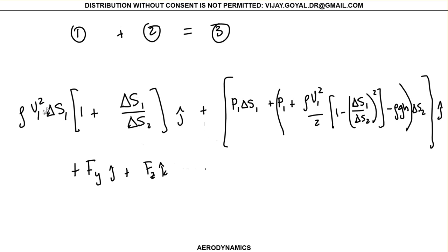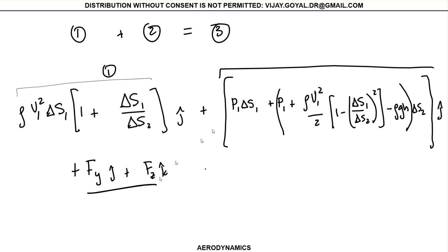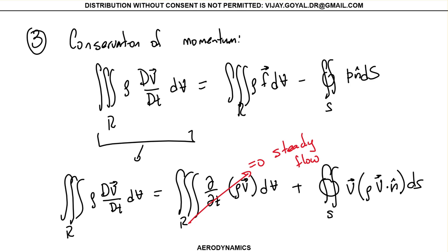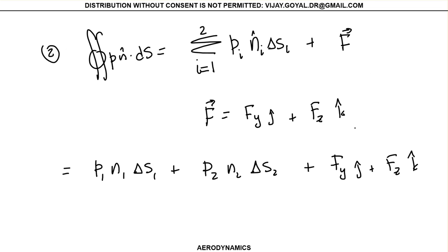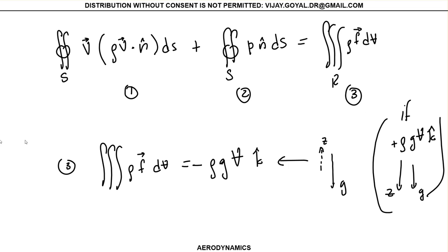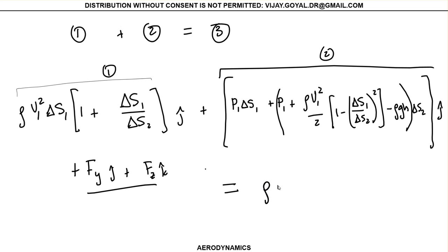This is expression number 1, and this is number 2, including this term right here. And now everything has to equal expression number 3. We just started with that expression. This is equal to this expression. So all that stuff has to equal rho g v k, and this is minus.